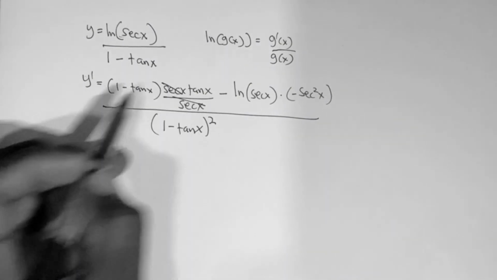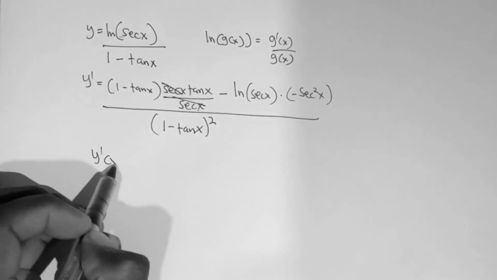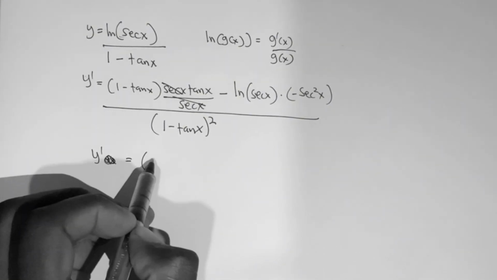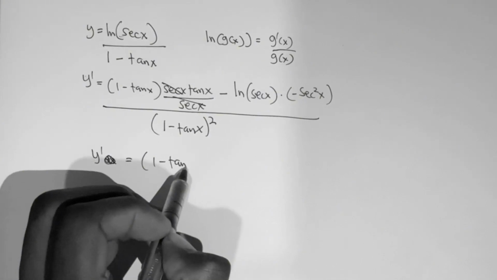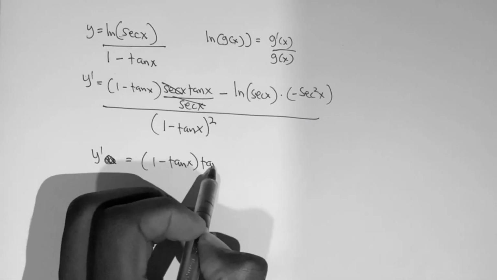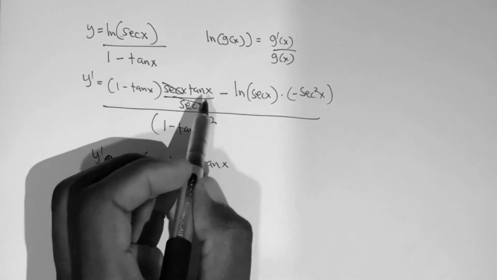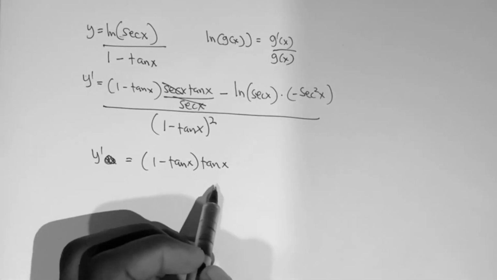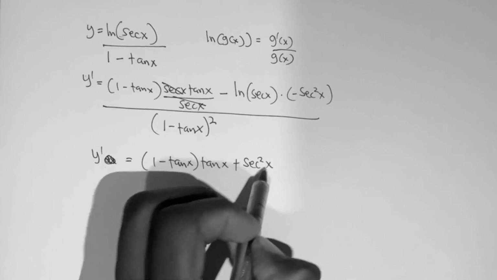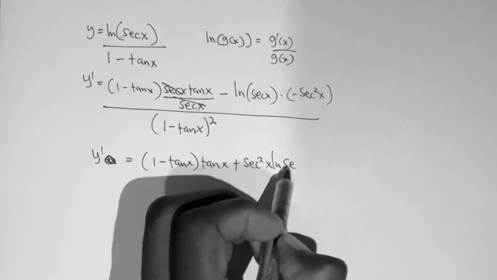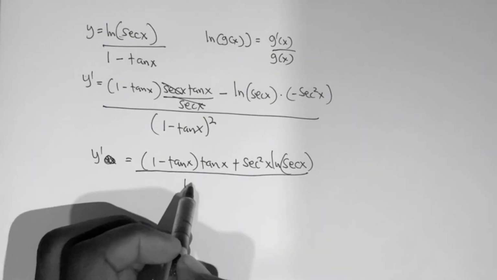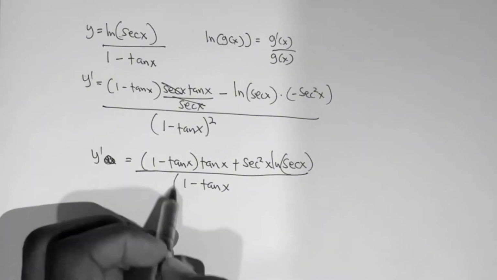So this sec x and this sec x can cancel out, so y prime is equal to (1 minus tan x) times tan x, then minus ln sec x times minus sec squared x becomes plus sec squared x ln sec x, all of this divided by (1 minus tan x) all squared.